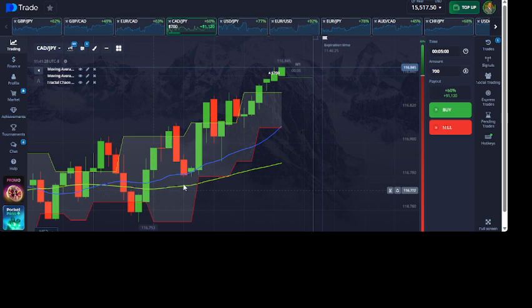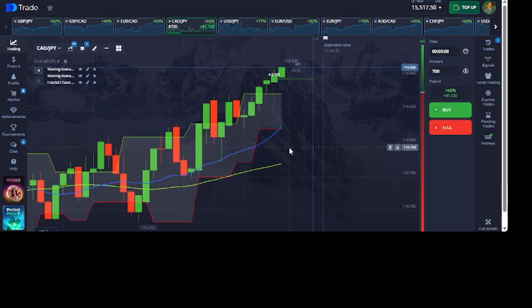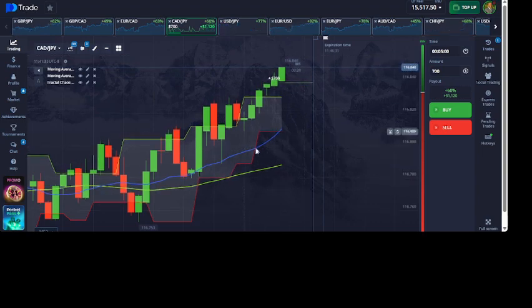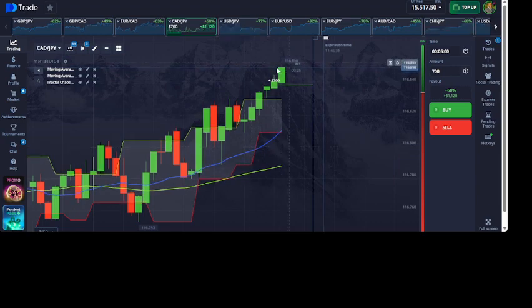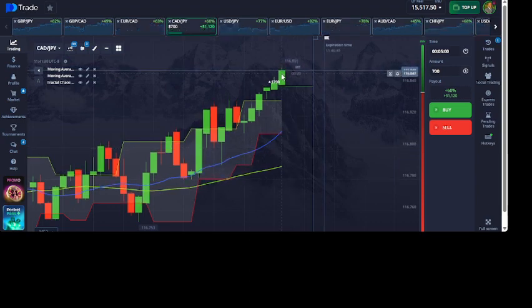And then we also have the green 50 SMA showing a positive slope as well. So all three of these confluences suggested to me that there would be a continued bullish momentum to the upside in the Canadian dollar Japanese yen currency pair here.